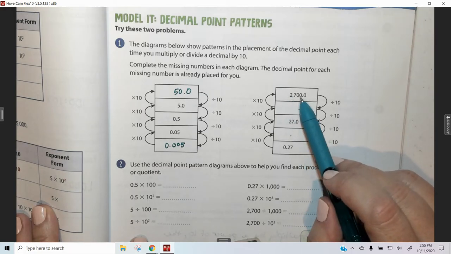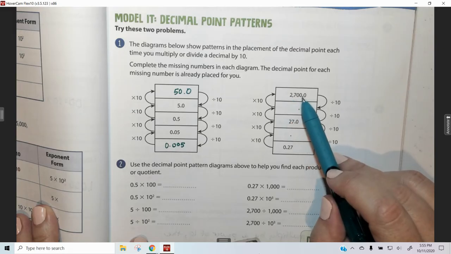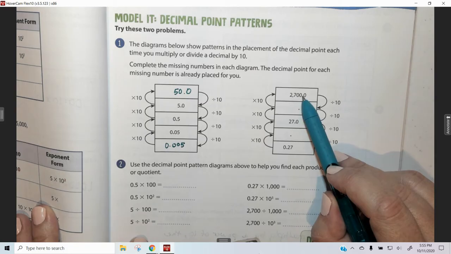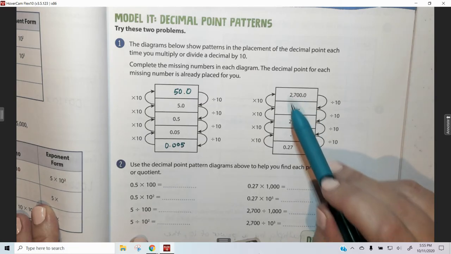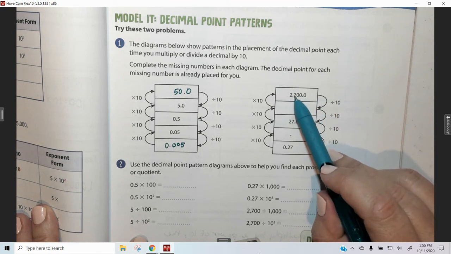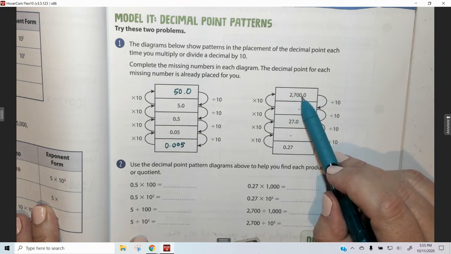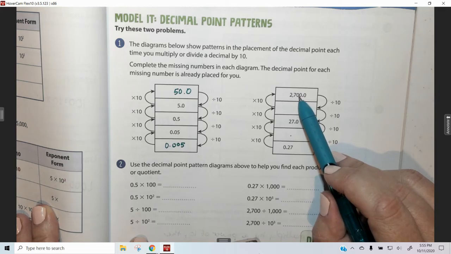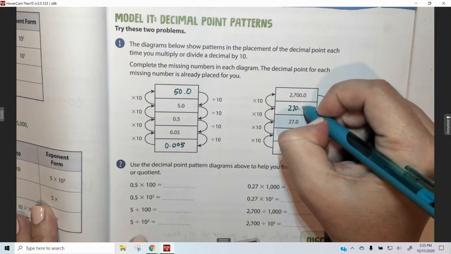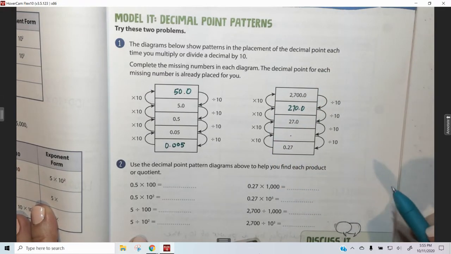Now we have 2,700. When we divide 2,700 by 10, remember this decimal point, we're dividing. So when we divide, it moves to the left. When we multiply, it moves to the right. So if we divide 2,700, if this decimal point shifts over one place, we're going to get 270.0.